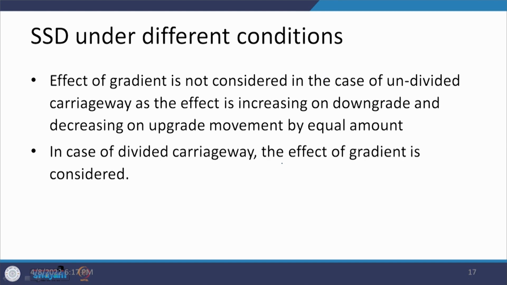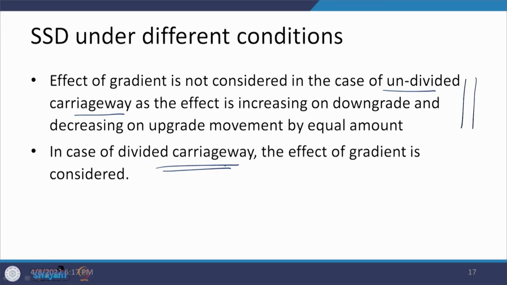Now, looking at the different conditions in terms of the carriageway, the effect of this gradient is not considered in the case of undivided carriageways, as the effect is increasing on downward and decreasing on upward movement by equal amounts. Because of this, there is no requirement to use the SSD formula related to the gradient.